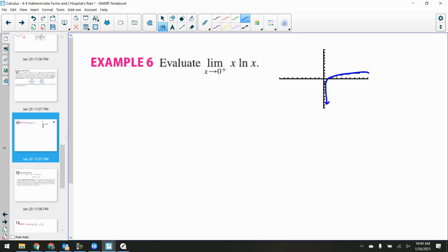So what I can do to use L'Hopital's rule is turn one of those things into a reciprocal to make it a fraction. Let's not try to turn ln of x into a fraction. Let's just turn x into a fraction. Leave ln of x on top and make this 1 over x. Because isn't that equivalent to saying x times ln of x?